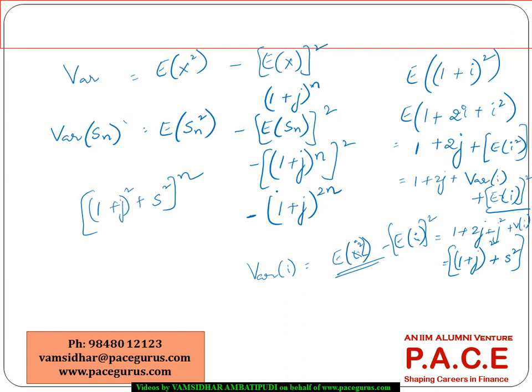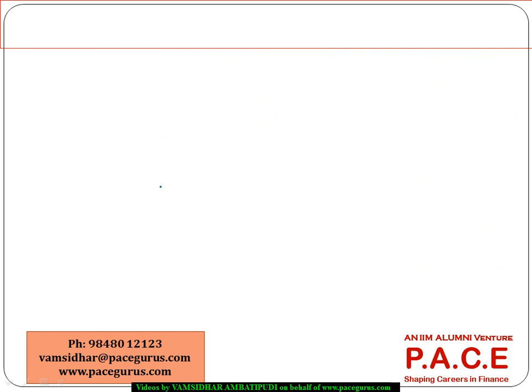I will end up finding out the variance of the interest rates, and once I have found out j, which is the expected value of the interest rates, s squared, which is the variance of the interest rates, I can use both of them to find out the expected value of Sn as well as the variance of my Sn. So that is one set of mechanism which I can use to compute the accumulated values and their volatilities, especially if the interest rates are not constant across the period.